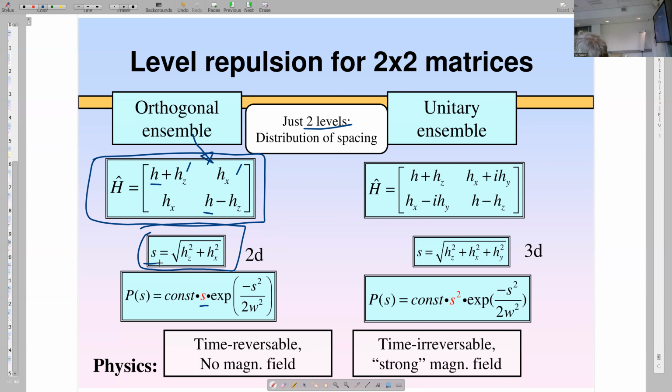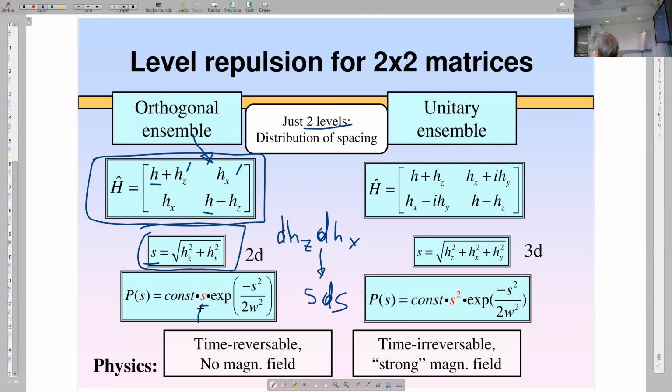S is like a radius, so we have integration over dHz, dHx, and we are interested in integration over the radius only, so it becomes S dS.